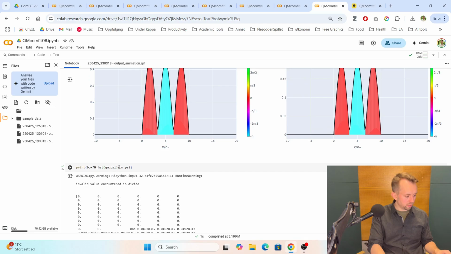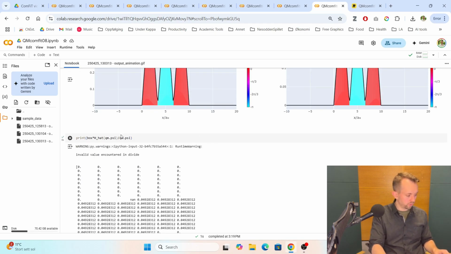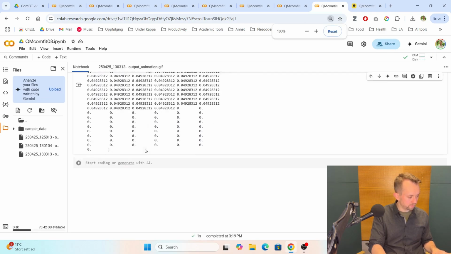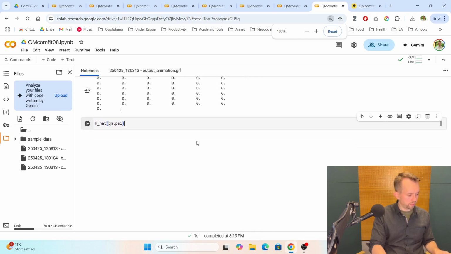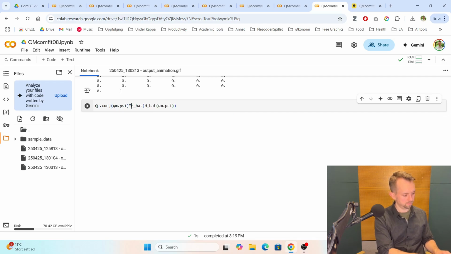And so we already have some of what we want. So I'm going to calculate h hat qm.psi, and I have to apply this twice, and then multiply by the conjugate of qm.psi. And then I need to integrate this whole thing.